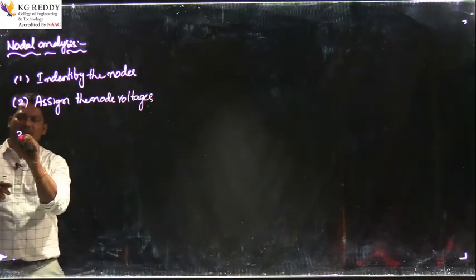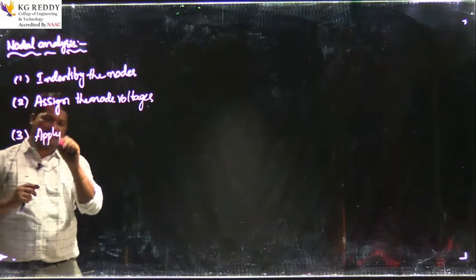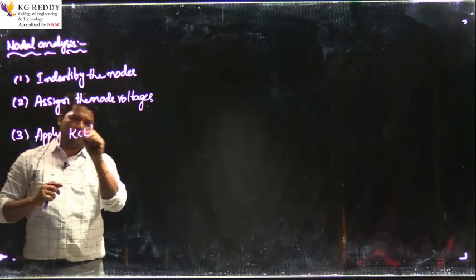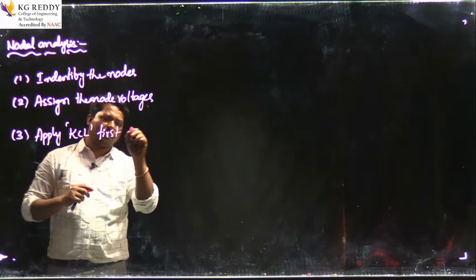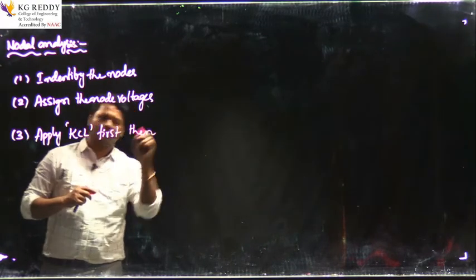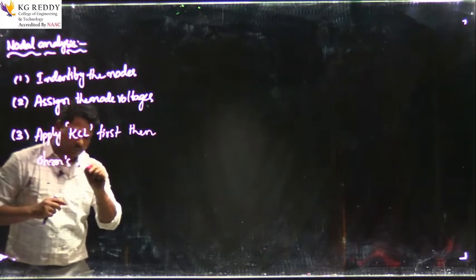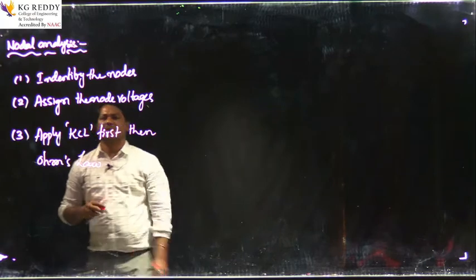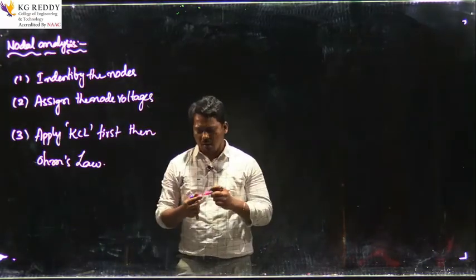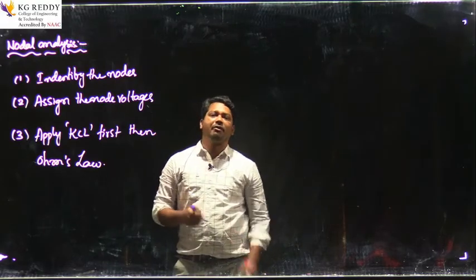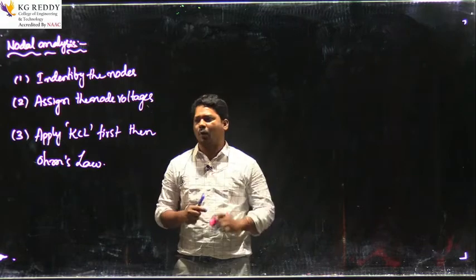After assigning the node voltages, we need to apply KCL first, then Ohm's law. These are the three main steps we need to follow if we want to apply this analysis to a particular network.